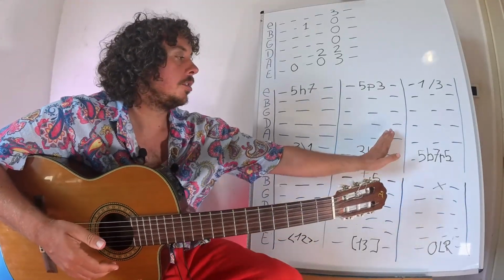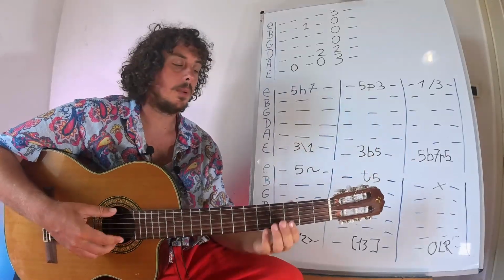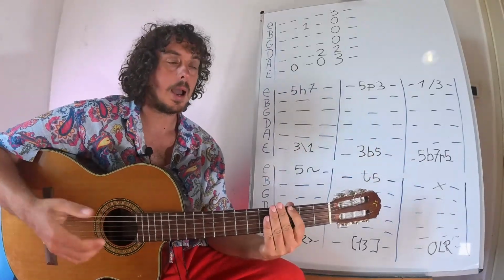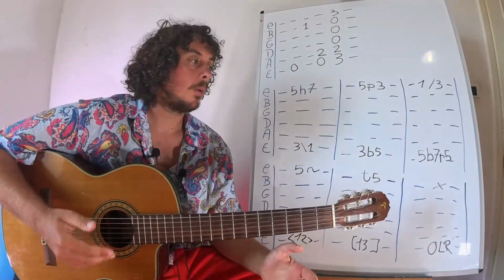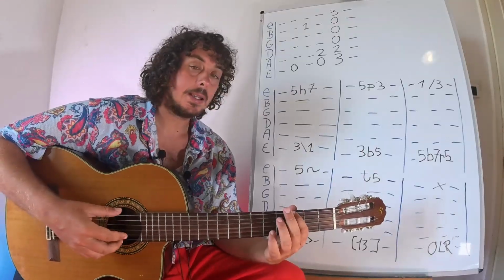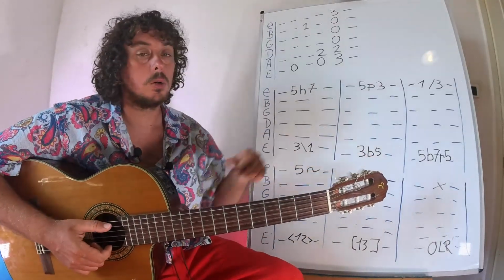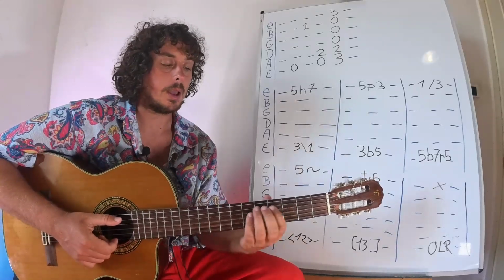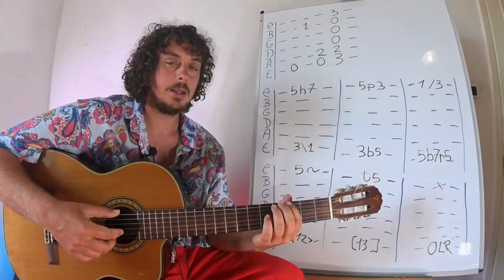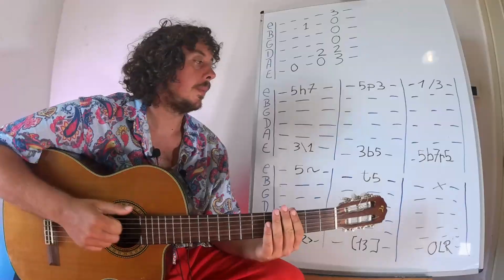Or maybe we can just see 3B, that means we put the bend as we like. But remember, when we are talking about bendings, we have to be in tune with the notes that we want to play, okay? Because otherwise we are out of tune on the bending.